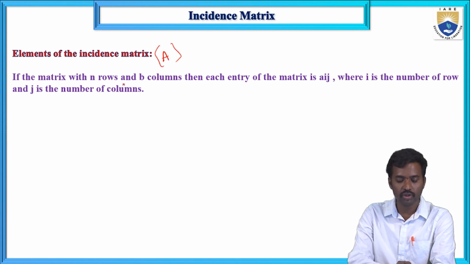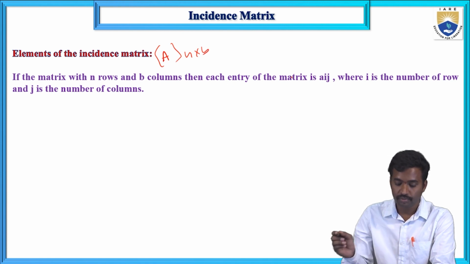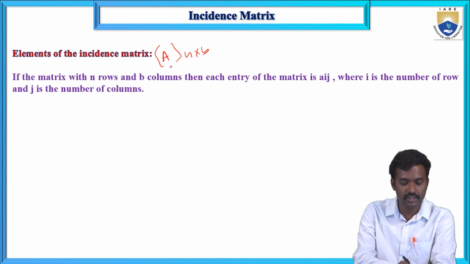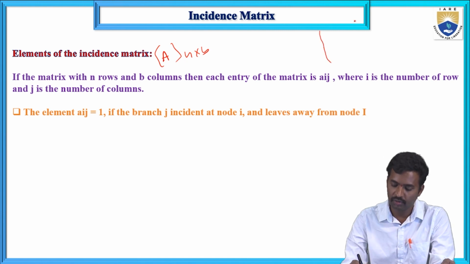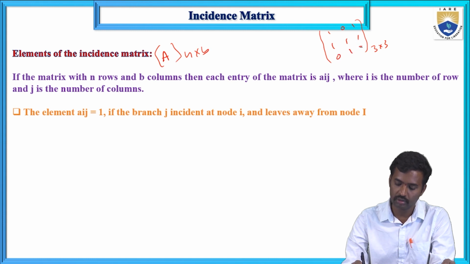Consider a matrix with n number of rows and b number of columns. Each entry of the matrix is a(i,j), where i is the row number and j is the column number. Suppose I take a 3 by 3 matrix: 1 0 1, 1 1 0, 1 0.